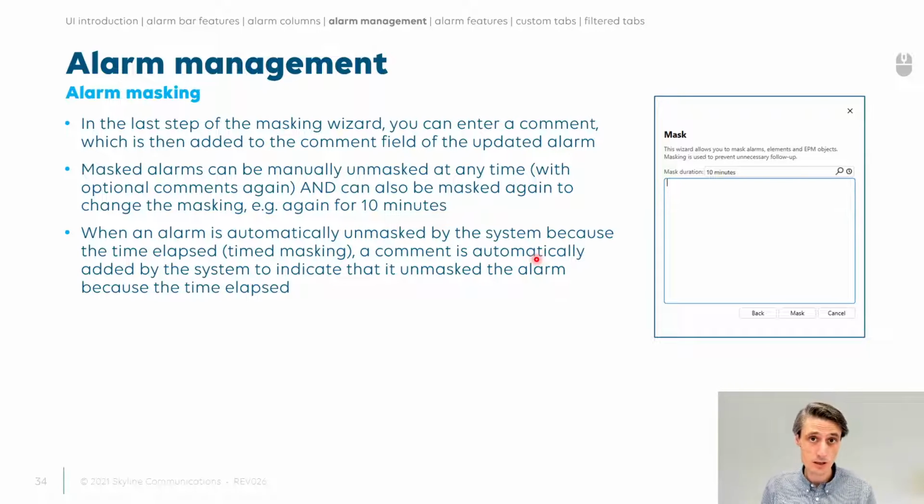So even if it's already masked, I can go again for a timed masking of the alarm, and then specify 30 minutes, for instance, to correct my first guess that was a little bit off, you could say.